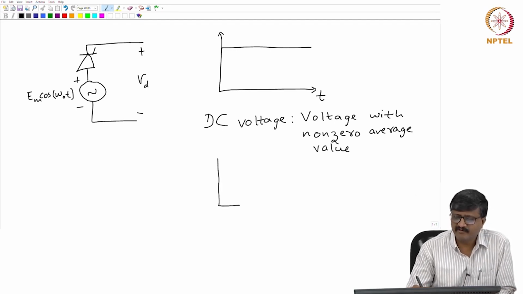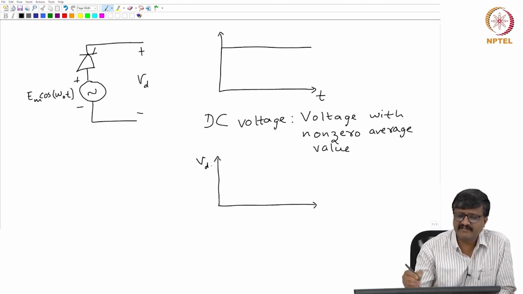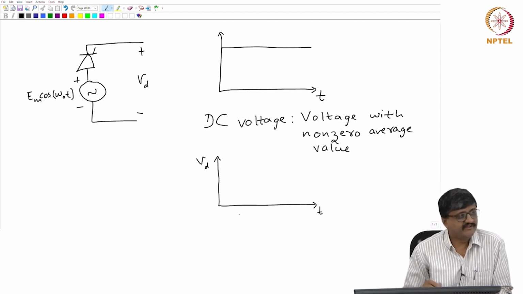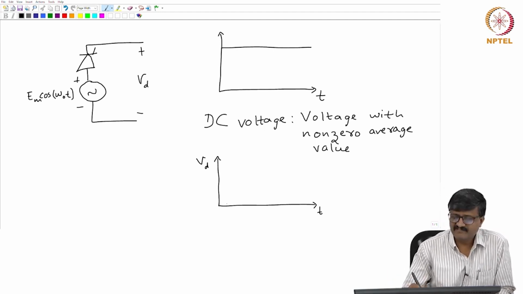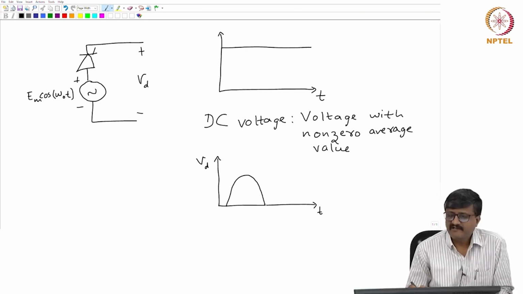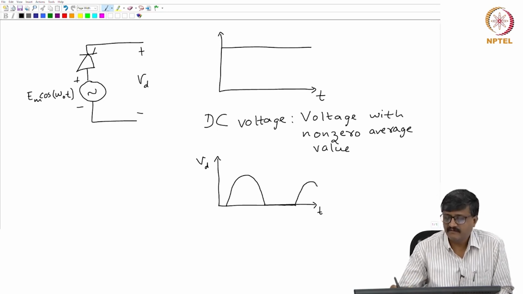So, if I try to plot the instantaneous DC side voltage VD as a function of time, then I will not try to mark the values on the abscissa. If I just look at the waveform, assuming that there is a resistor across the DC side terminals for simplicity, it will have a waveform which is sinusoidal for one half cycle and 0 for the other half cycle, and again sinusoidal.